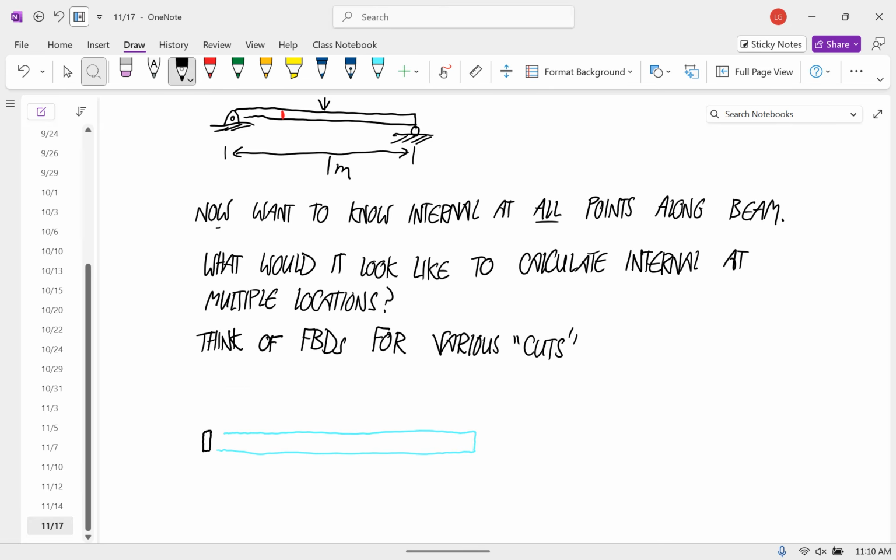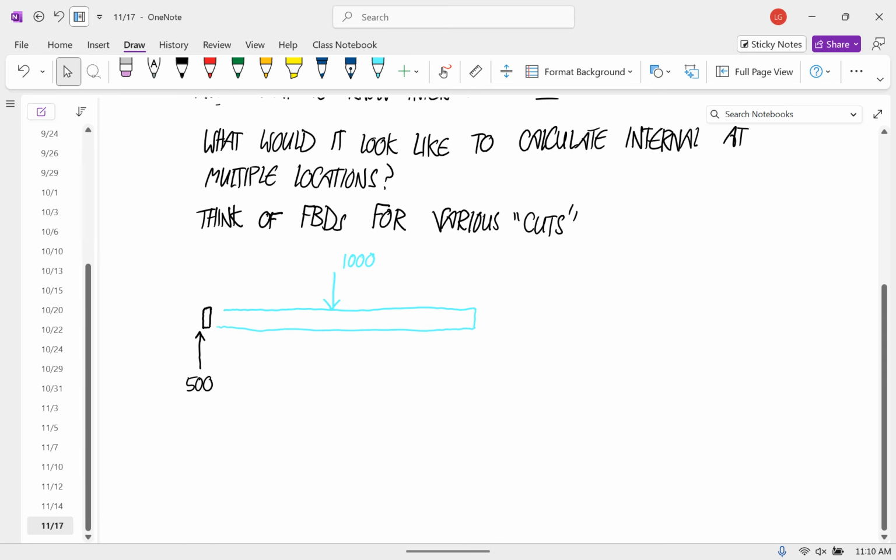So what loads are acting? From the external load calculation before, we knew that this is a 500 Newton force up. There's a 1,000 Newton force in the middle, but that isn't acting on our piece, so I'm doing that in the light blue. That's out there somewhere, but it's not acting on the piece that we're thinking of.